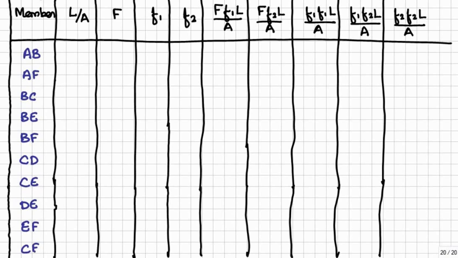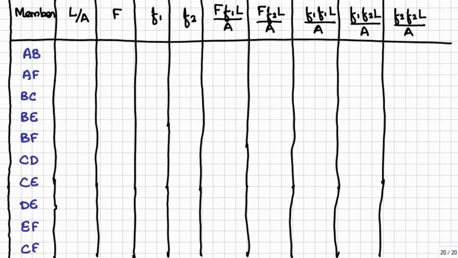E is common to all members, so we take out E and compute the L by A ratio. The L by A ratio is different for each member, therefore we compute L by A in the first column. The next column is capital F, which is nothing but the member force, or the force in each member due to the external load alone on the primary structure.